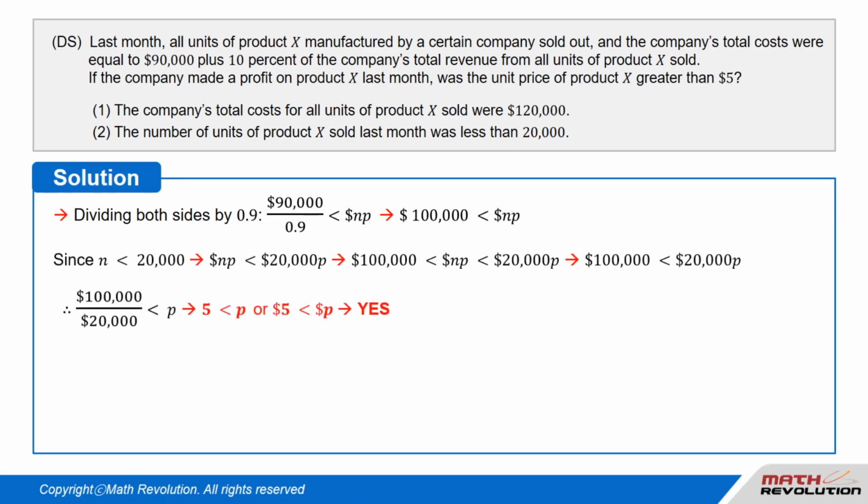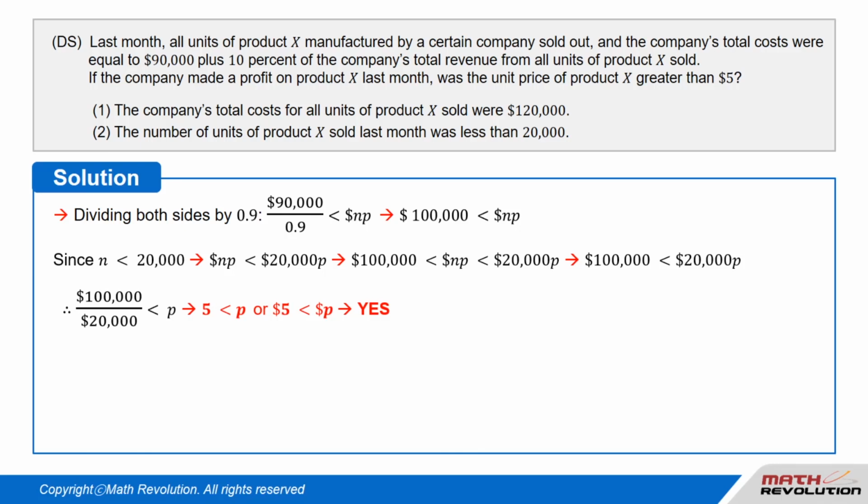Also, since n is less than 20,000, we get dollar amount n times p is less than $20,000 times p. $100,000 is less than dollar amount n times p, which is less than $20,000 times p. That is, $100,000 is less than $20,000 times p.